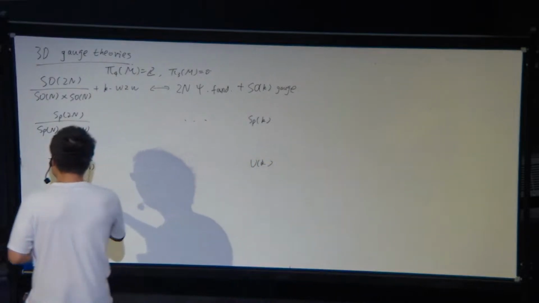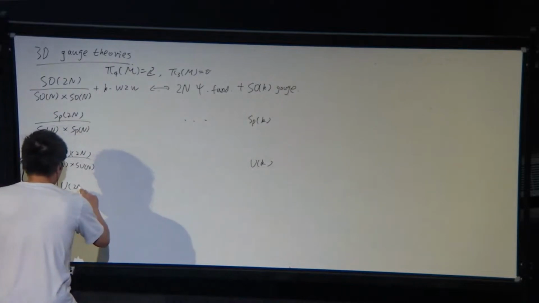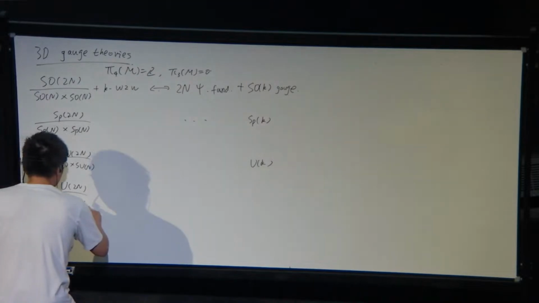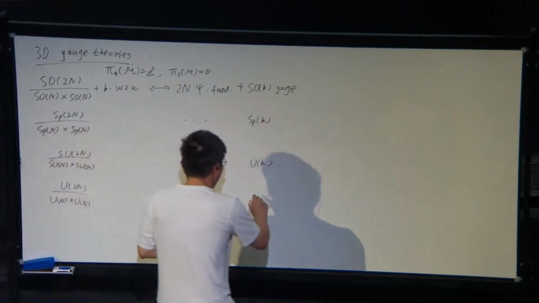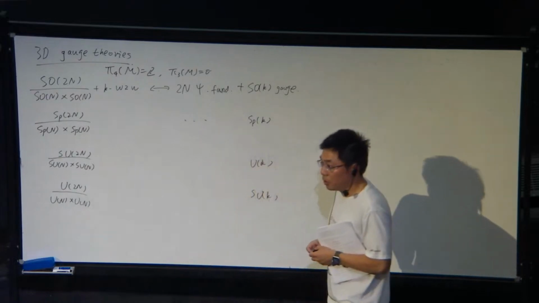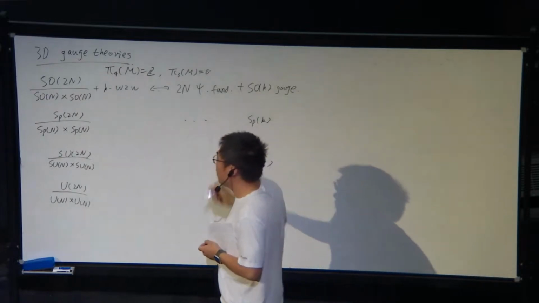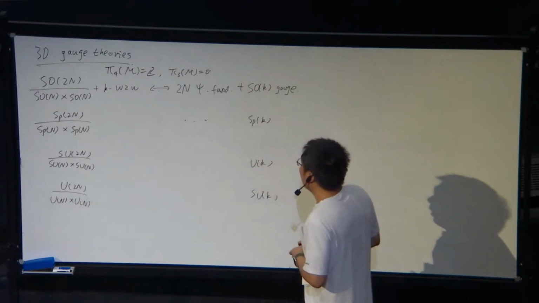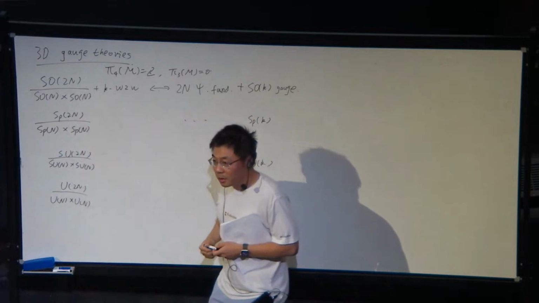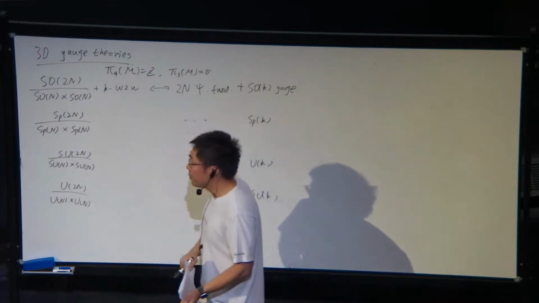If I have U, I end up with a SUK gauge field, right? That's the correspondence. Then you can pick your favorite gauge theory and ask, how do I realize these nonlinear sigma models, particularly on the fuzzy sphere?